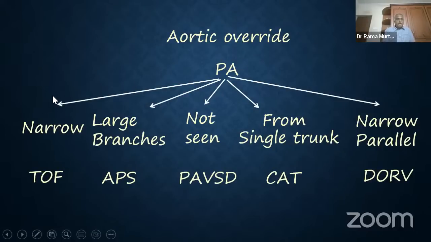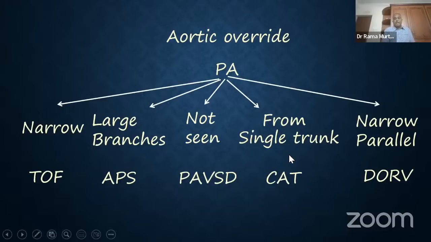If the pulmonary artery is narrow, that is TOF. If the pulmonary artery has large branches, absent pulmonary valve syndrome. If the pulmonary artery is not seen at all, or it is seen narrow and there's a reversed flow from the ductus into the pulmonary artery, PAVSD.